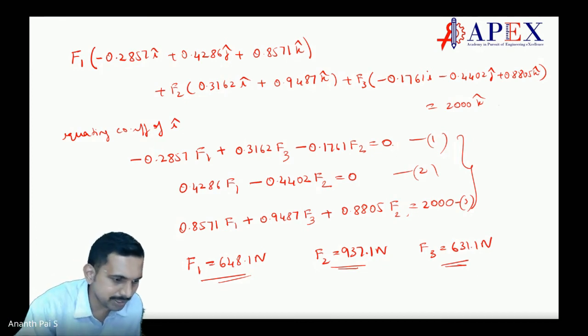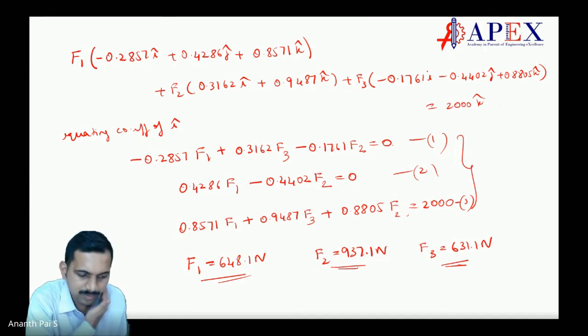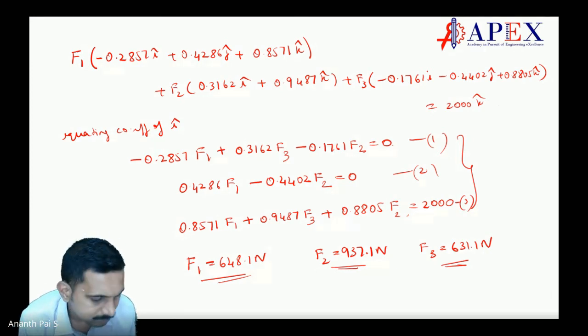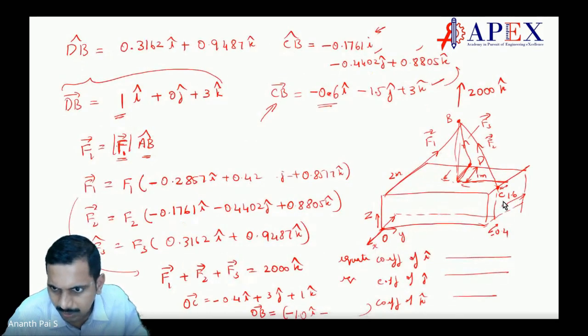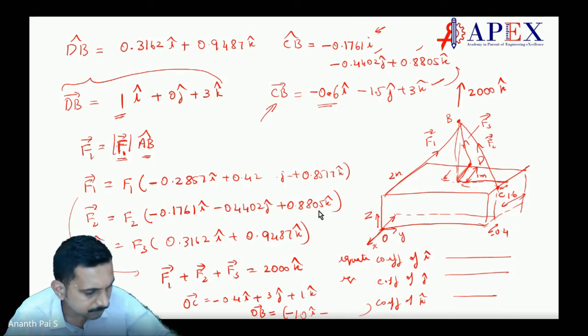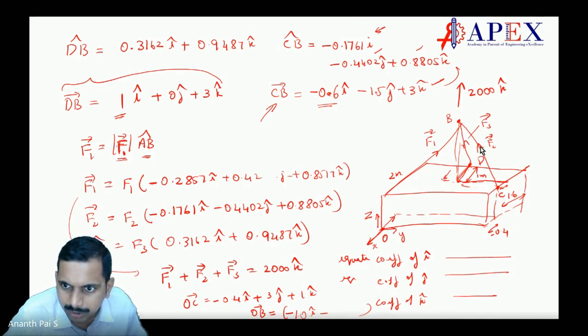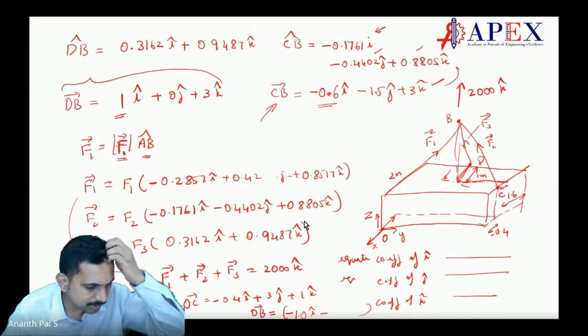So now you get it proper? Good. Check it out again, students. You should get these answers only. Check it out here. This was F2, right? This is F3, right? F2 into, yeah, I made a mistake here. Not just me, Shames has also made a mistake here.